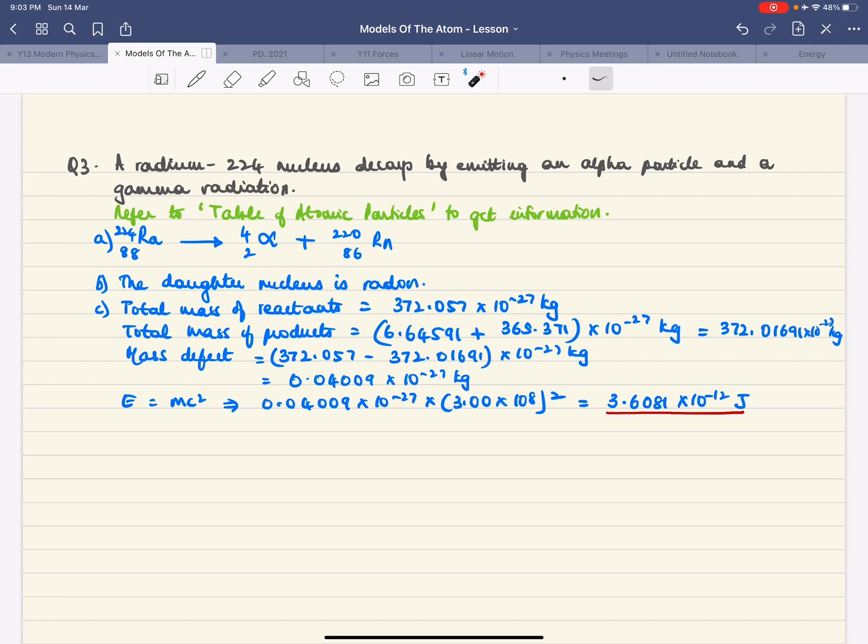So on my calculator, this is what I put: exponent negative 27 times 9 exponent 16. That's what I got on my calculator. Okay, and then you end up with this answer, and that's the answer in joules, and that is how you calculate the energy released.